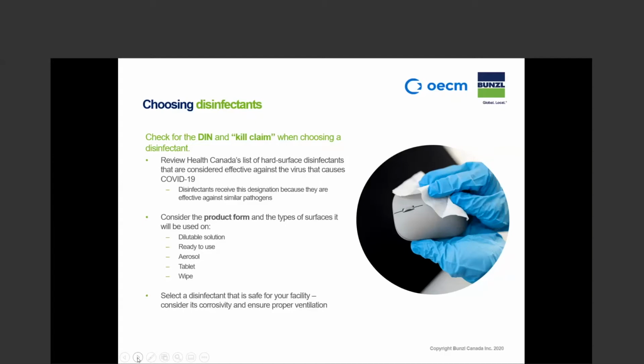So selecting a disinfectant that's safe for your facility, that won't necessarily harm surfaces in your facility, because some do have corrosive tendencies and can be an issue if they were used over a period of time incorrectly. And then again, any other required safe handling instructions that you might need. But that sort of covers disinfection.